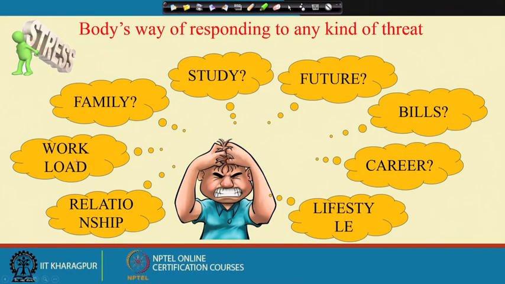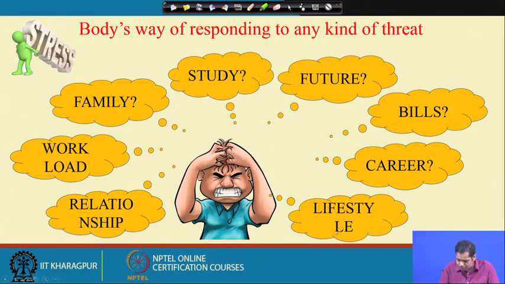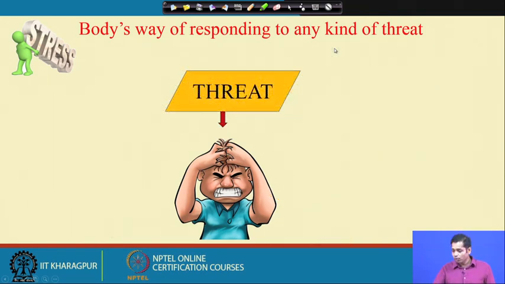And we all have experienced stress at some point of time. Let us put together all these different causes, different reasons for stress, and call this threat. When we say threat, it is very subjective, it depends on the context we are talking about.